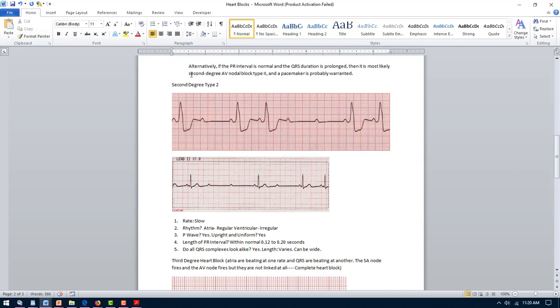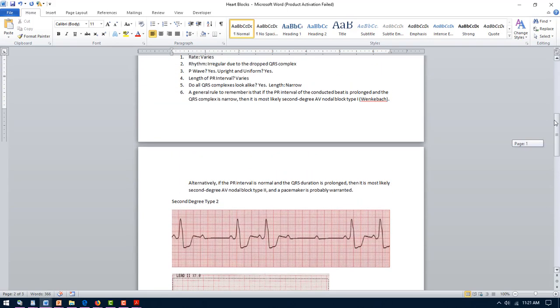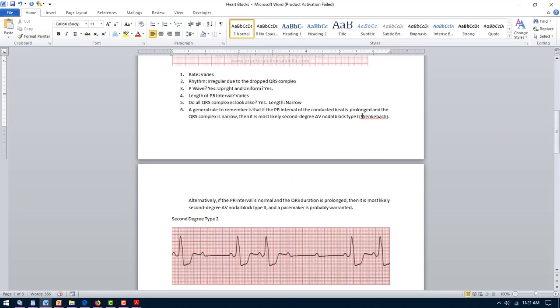Let me note up here, if the PR interval is normal and the QRS is prolonged, like these wide QRSs, most likely second degree type 2. If the PR is prolonged and progressively prolonging, and the QRS is narrow, then it's most likely type 1.